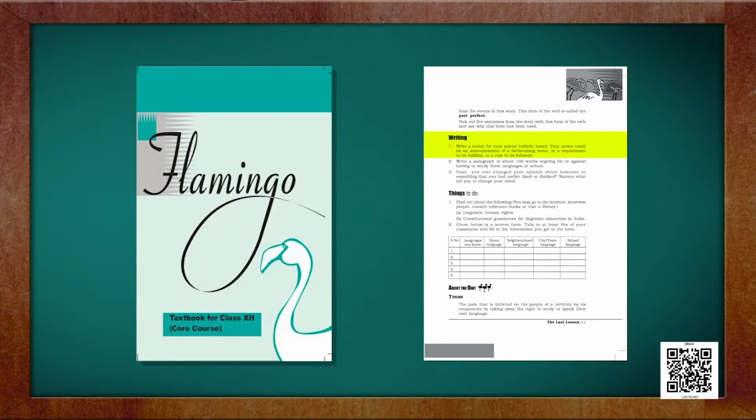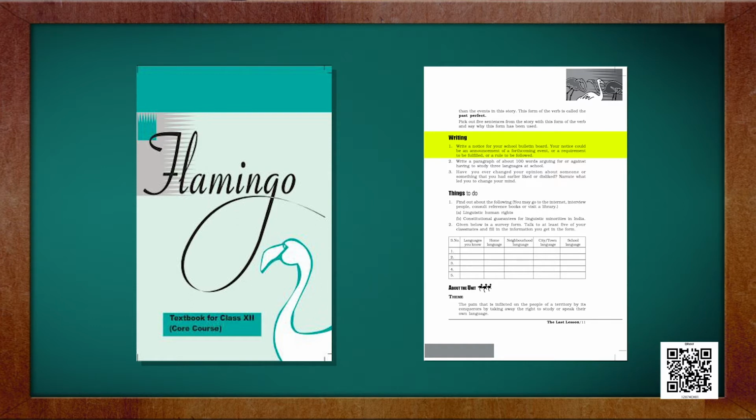In this episode, the third episode of this first lesson, we will move on to learn to write some aspects, particularly notice writing. Learners, your textbook has some activities, the writing part, page number 11. Write a notice for your school notice board.